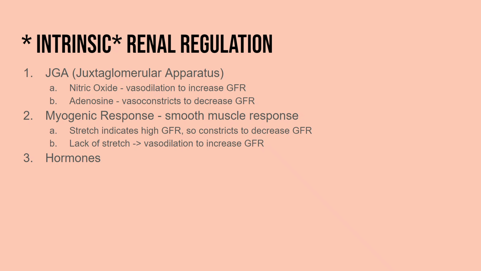Angiotensin 2 increases blood pressure by releasing ADH, which is this hormone over here, and also aldosterone, so it releases both of those hormones.